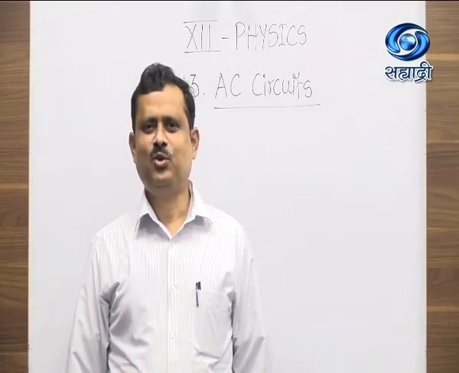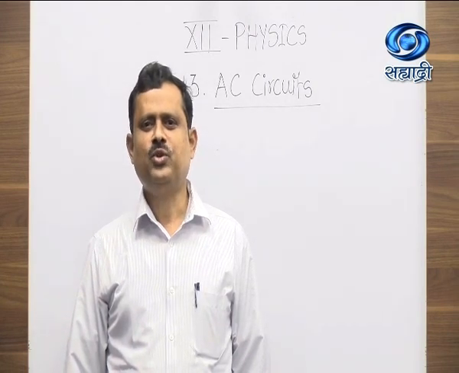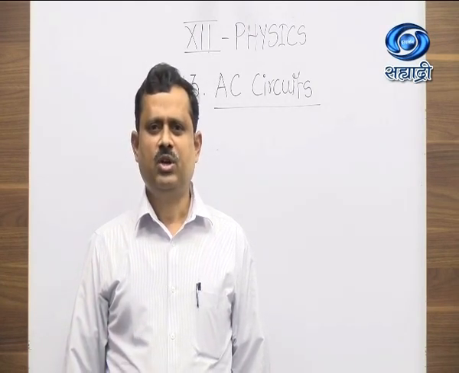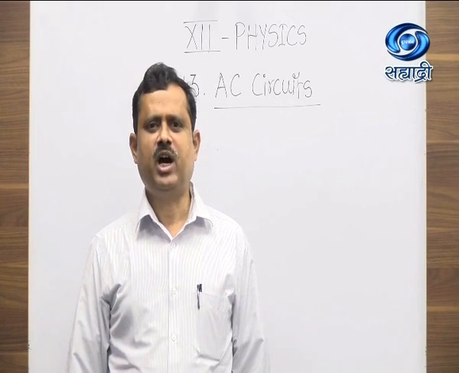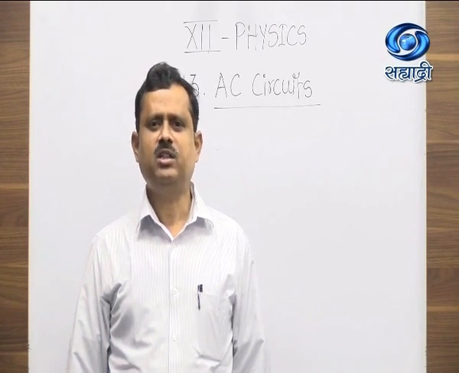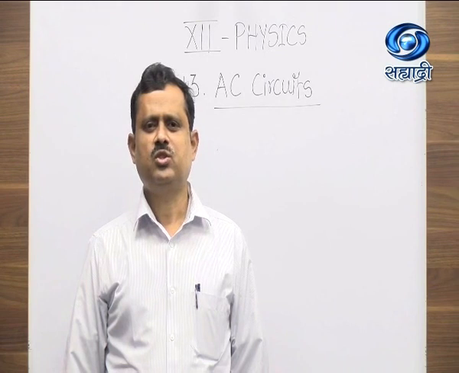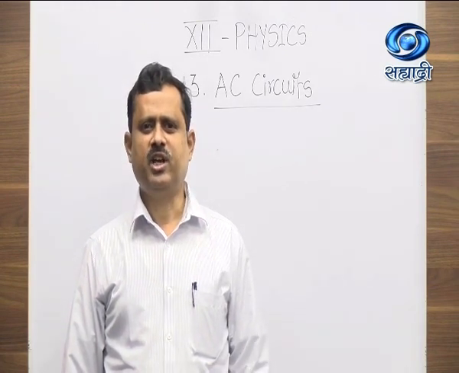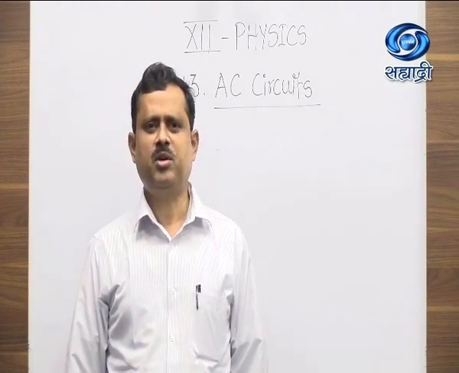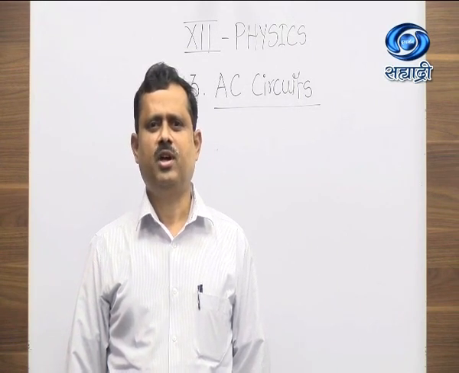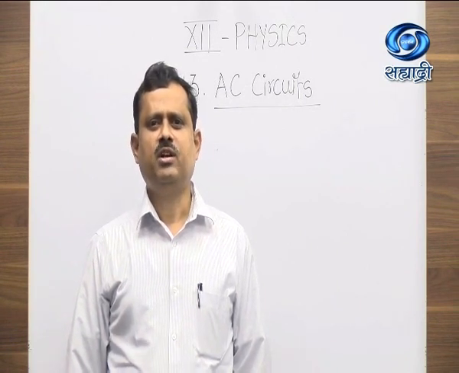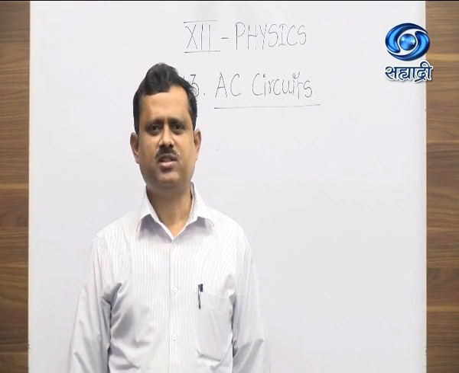So students, in today's session, we continued with the concept of RMS value. We established the relation between the RMS value of the current and the peak value of the current. We represented the relation between the RMS value of the EMF and the peak value of the EMF, after which we discussed the heat produced in the resistor.